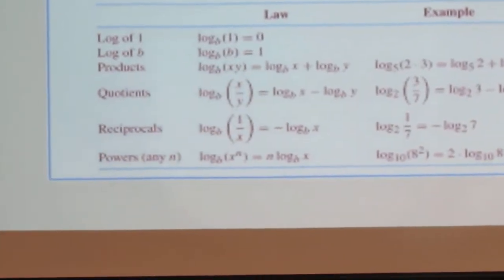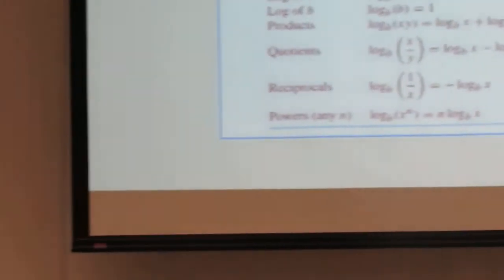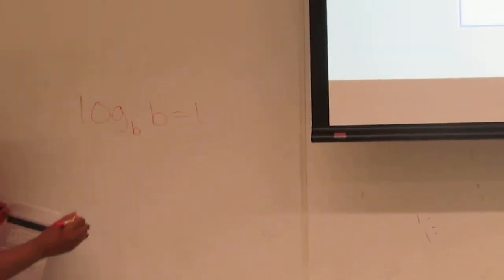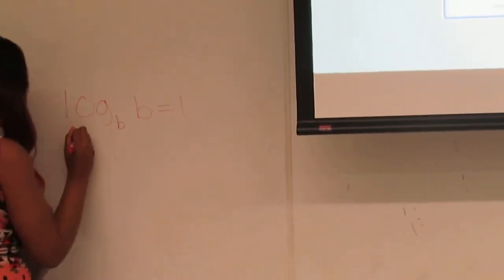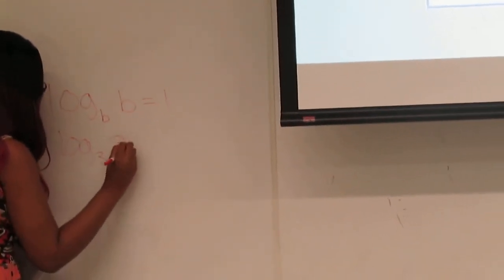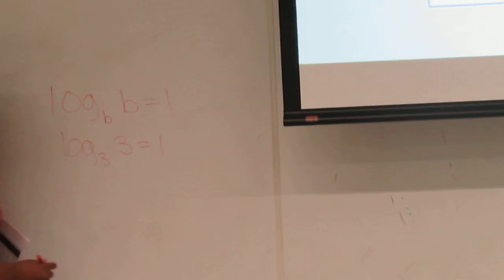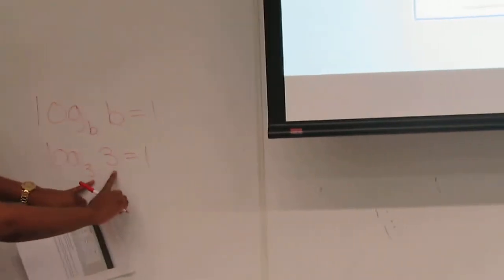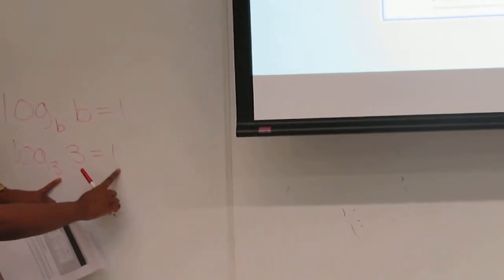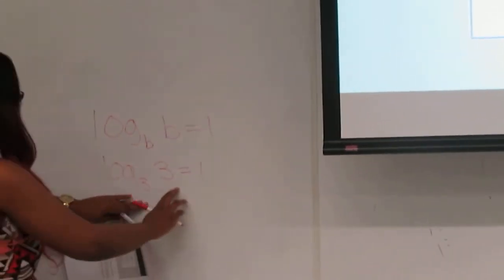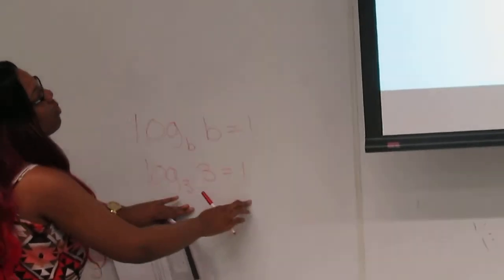So you have log base 3 of 3 equals 1. So basically it's saying if the base and the argument are the same, that will always be 1. As long as the base and the argument are the same in the problem, the answer will be 1.